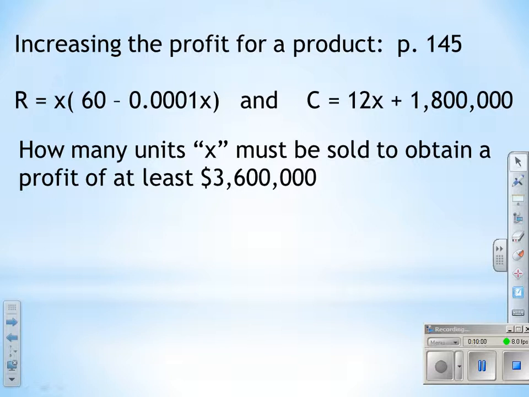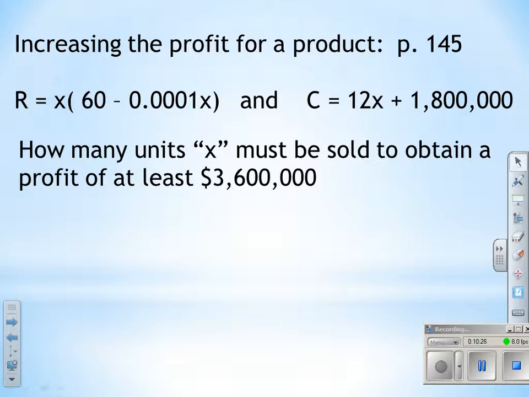All right, so I'll try to talk through it because this is going on for a while. I looked at the one application problem on page 145 in your textbook, talking about revenue and cost and trying to ensure a profit. So there's one right above it that is similar to this. But in just all logic and thought, a profit is earned when your revenue is higher than your cost, correct?